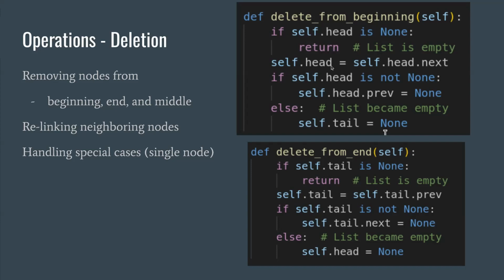Now that we have this neighboring element as head, we set self.head.prev to be None. Otherwise, we know that the list is going to be empty: the list has one element. If that's the case, we will put self.tail as None. So it's really important to handle all these cases.